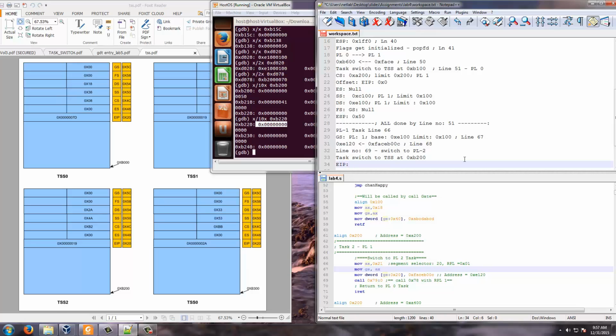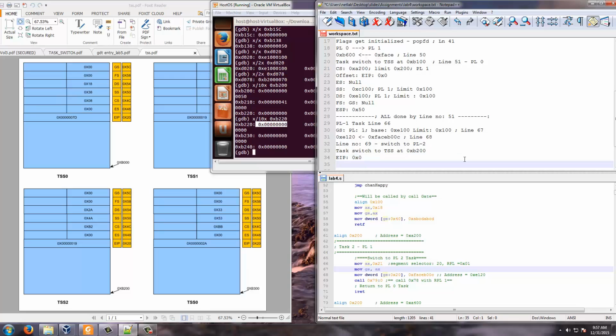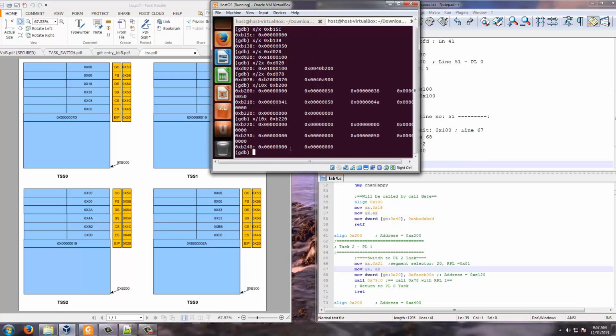Your EIP offset is 0x0, and we need to see what is the code segment.